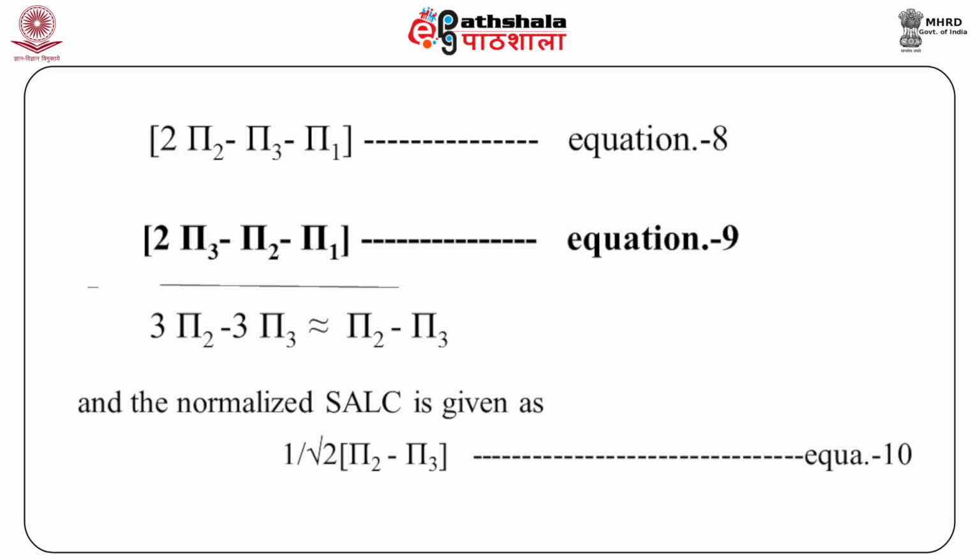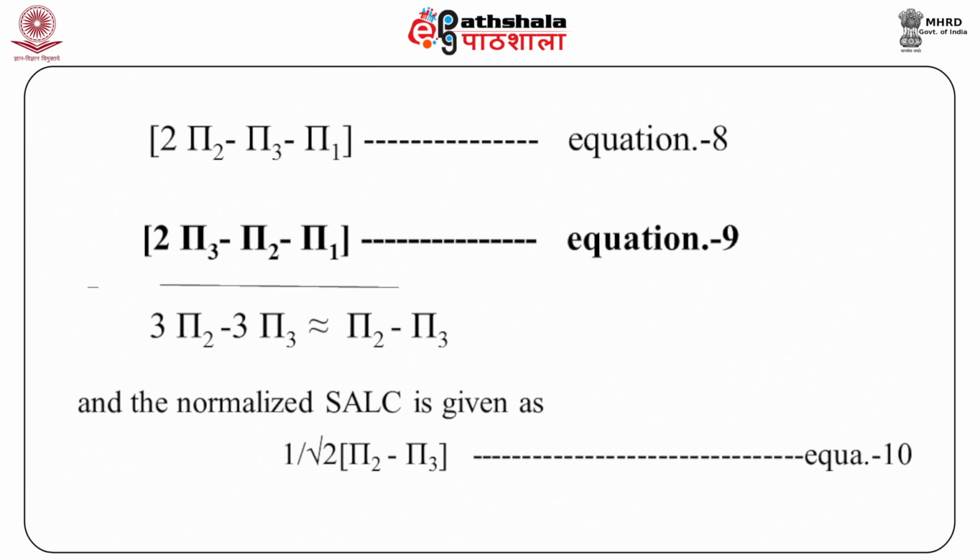By doing this, the unnormalized SALC we get is pi 2 minus pi 3, or after normalization, the SALC is 1 upon under root 2 (pi 2 minus pi 3). That is, we are getting these three normalized SALCs by using the 3 pi orbitals on the cyclopropenyl cation.